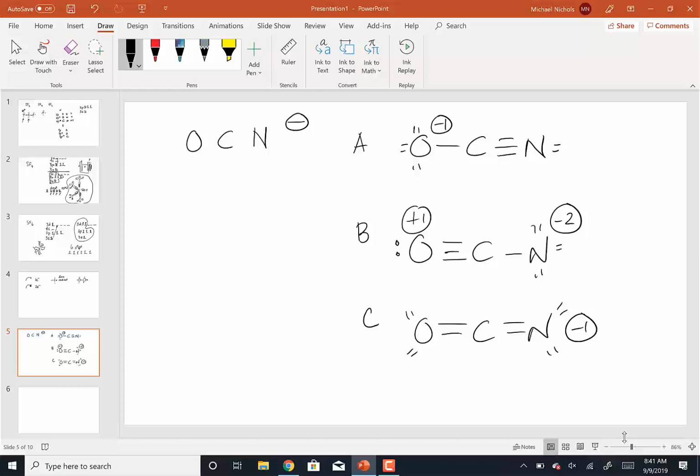Okay. So what are my rules for ranking them? Number one rule that I'm going to use to determine the stability is that I would prefer to have completed octets.